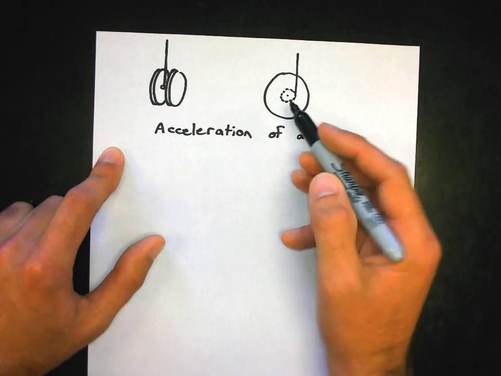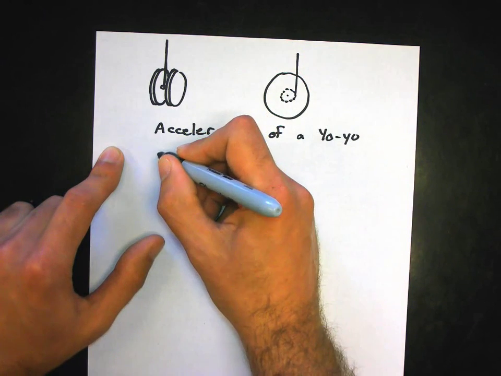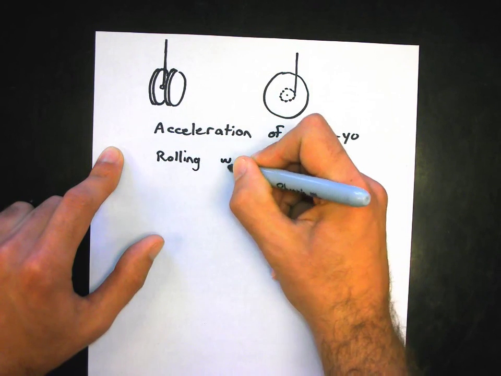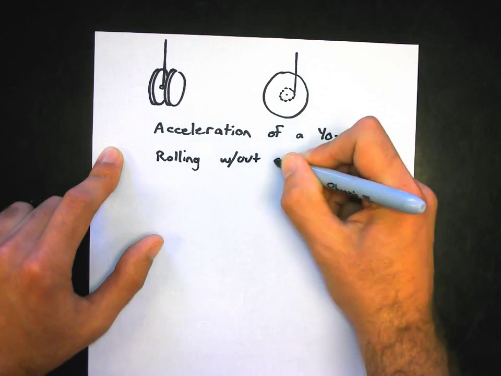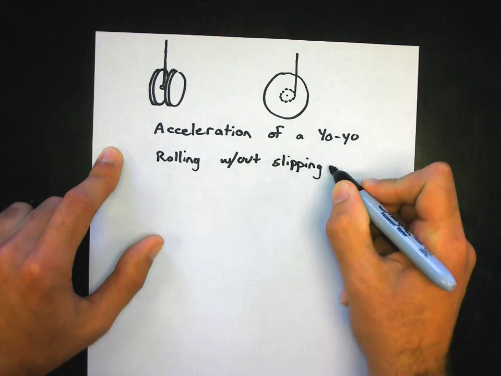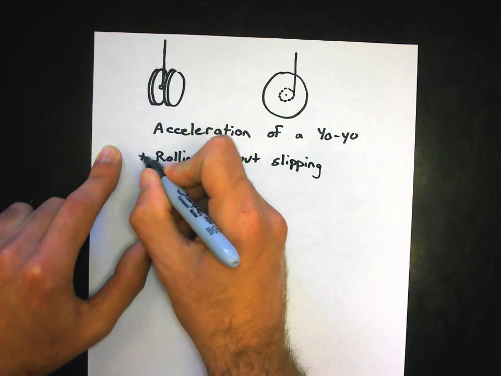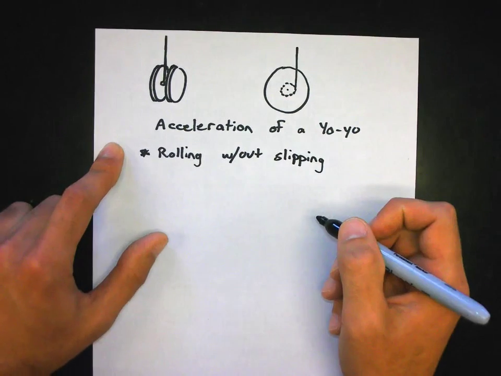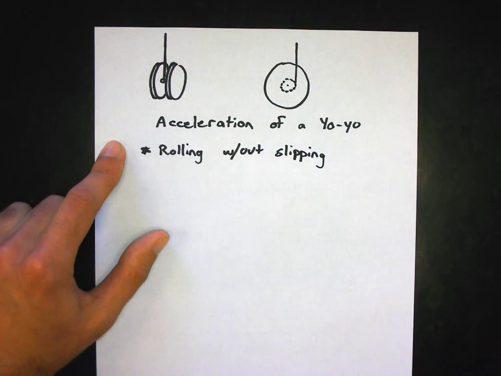So since it's not slipping, we can say the yo-yo is rolling without slipping. So that is a key idea that we'll need to think about as we go through this problem.